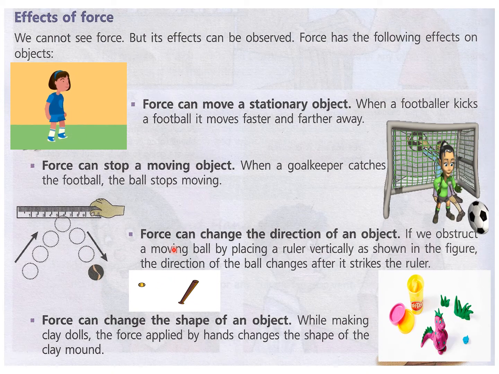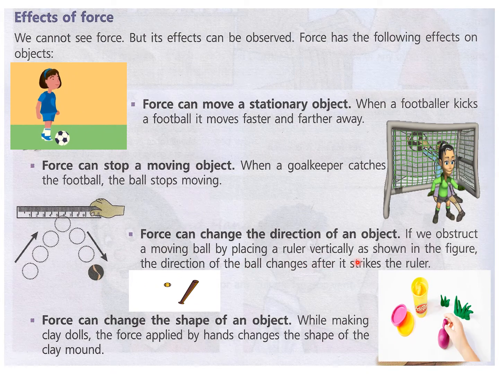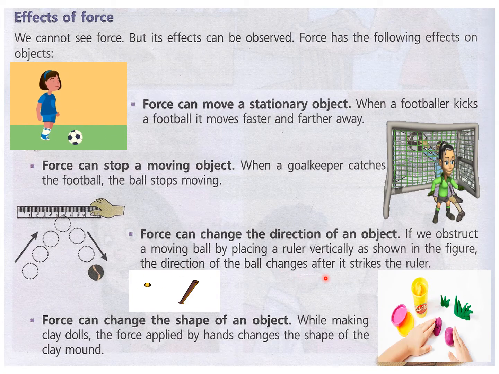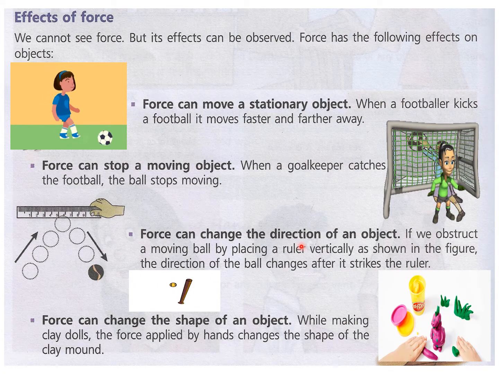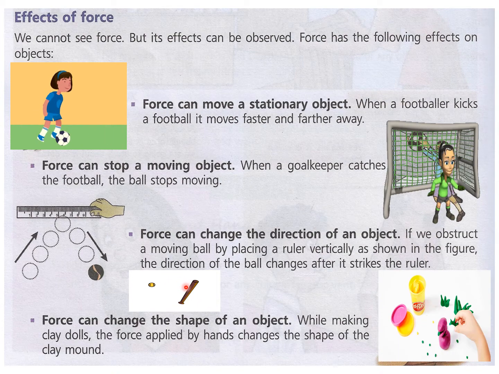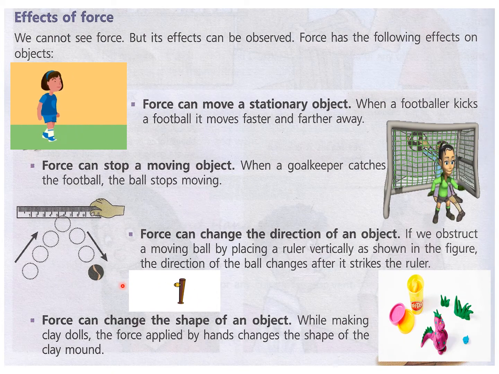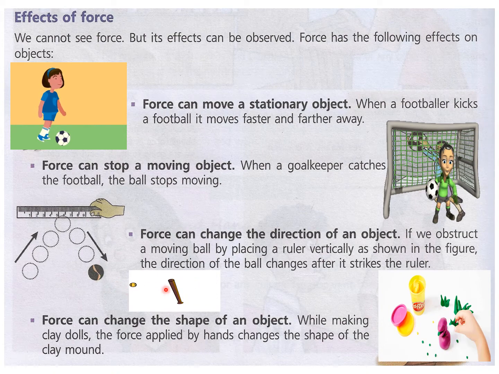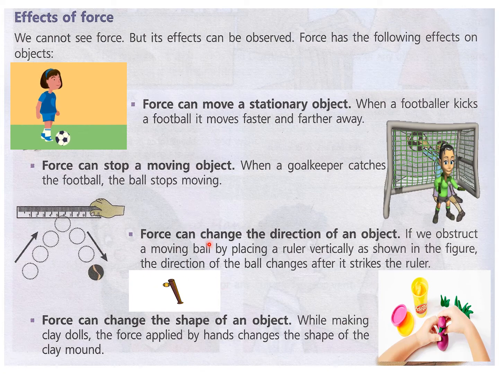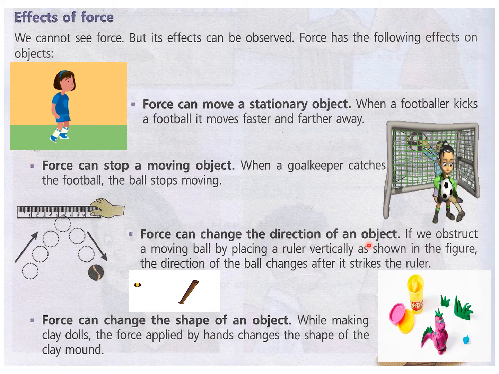So the direction of the ball changes after it strikes the ruler. In this picture also you can see this is pushing the ball this side, and then after striking this wall the ball is coming back and changing direction. So a force can change the direction of an object.